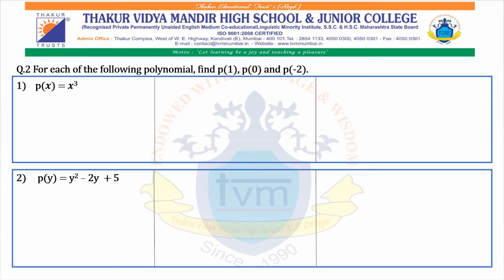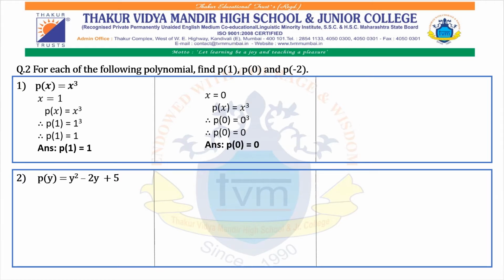Question 2. For each of the following polynomials, find p of 1, p of 0 and p of minus 2. Question 1: p of x is equal to x cube. First we will take x equals 1. Therefore p of 1 is equal to 1 cube, which is 1.